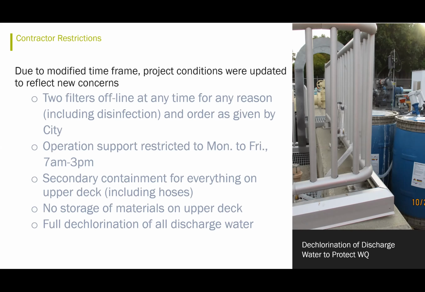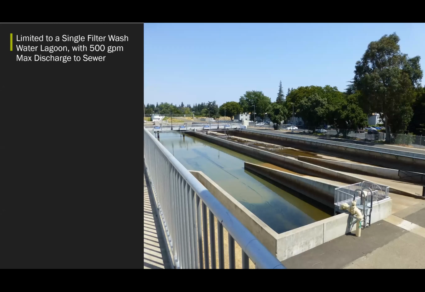They didn't allow them to store materials in the upper deck, and they had to fully dechlorinate all discharged water. And there was a limitation when they backwashed the filters that they could discharge no more than 500 GPM, which is the maximum the water treatment plant could then discharge to the sewer.